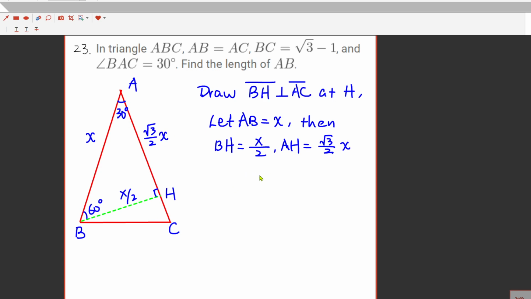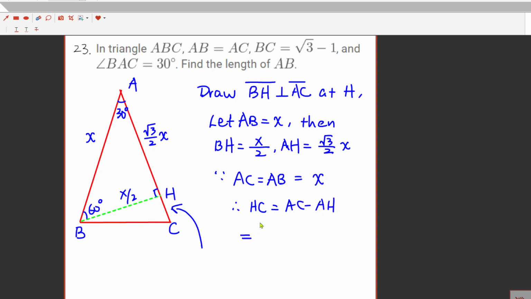What else? Okay, we know AC is AB. We haven't used this information yet. AC equals AB, so AC is also X, right? Therefore, you can express HC as AC minus AH.